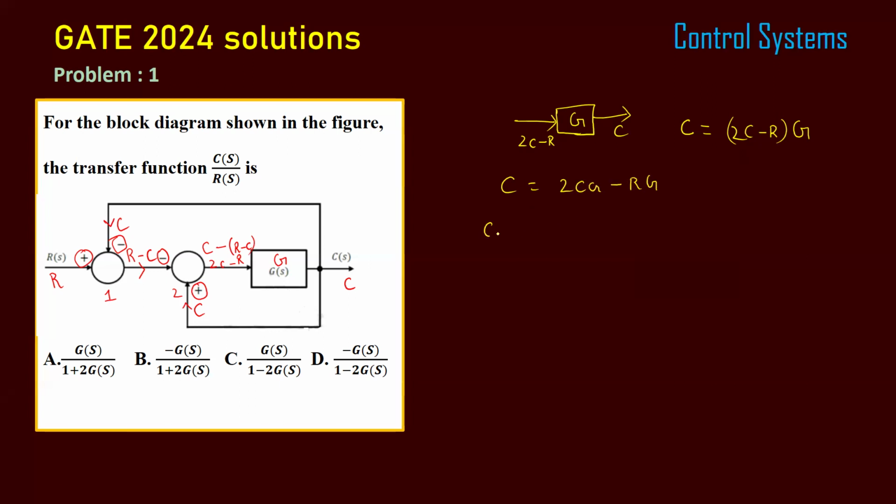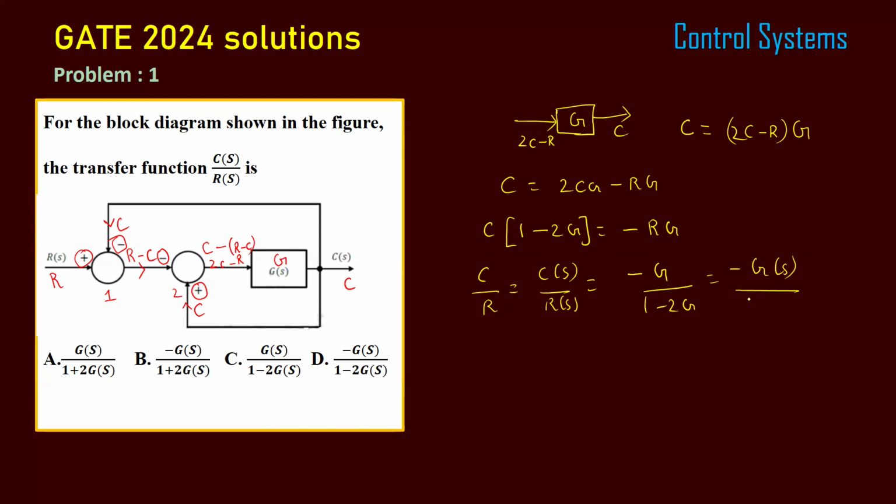Let me take C common. So this will become C times (1 minus 2G) equal to, on the right hand side, minus RG. So C of S by R of S is equal to minus G by 1 minus 2G, that means minus G of S by 1 minus 2G of S.